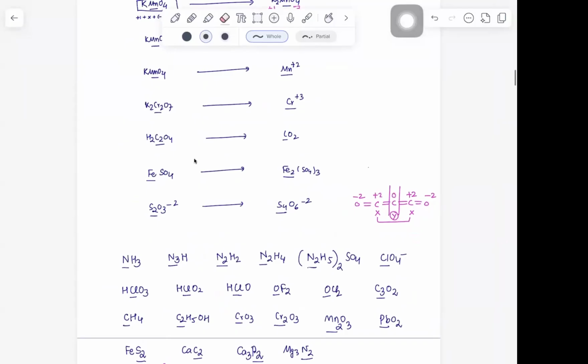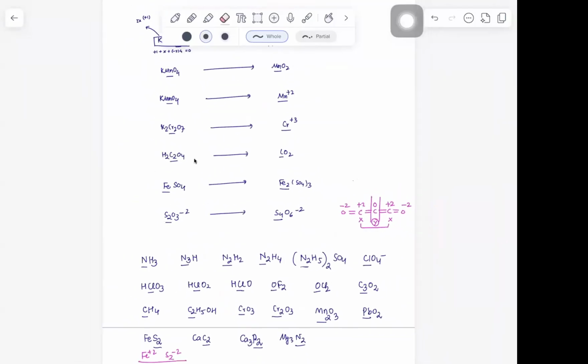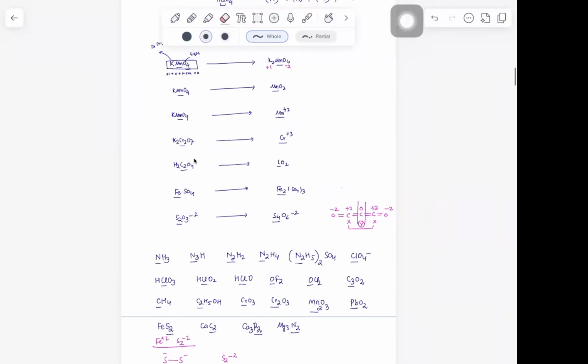I'm talking about the last one, Mg3N2. Okay. कंप्लीट कर लीजिए.